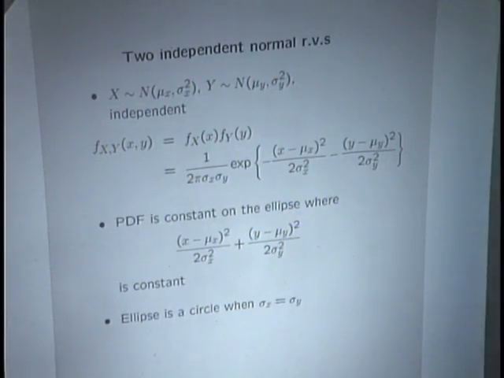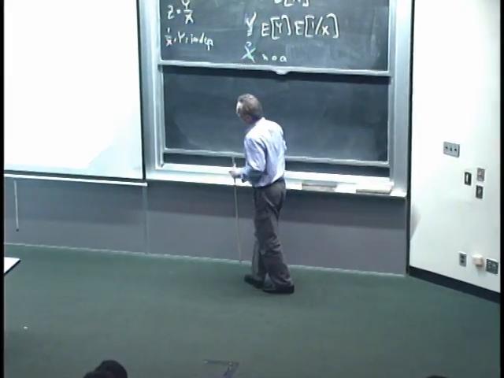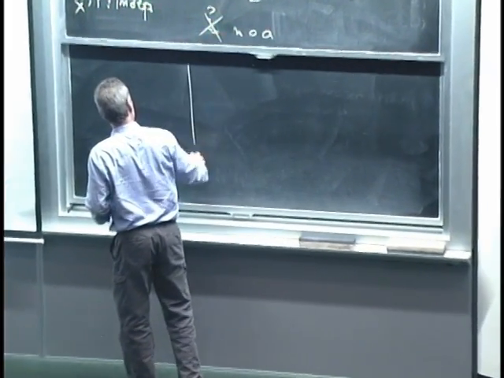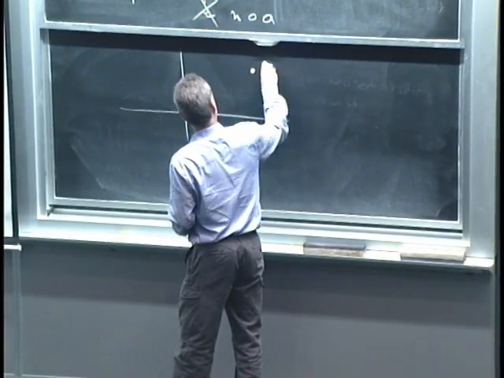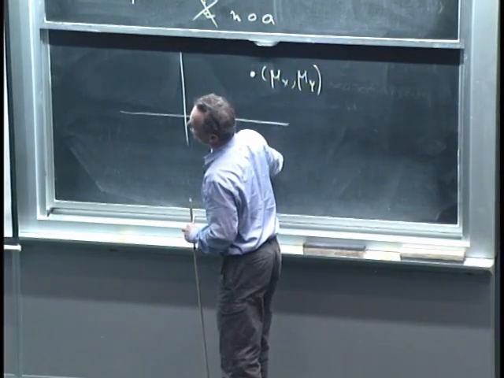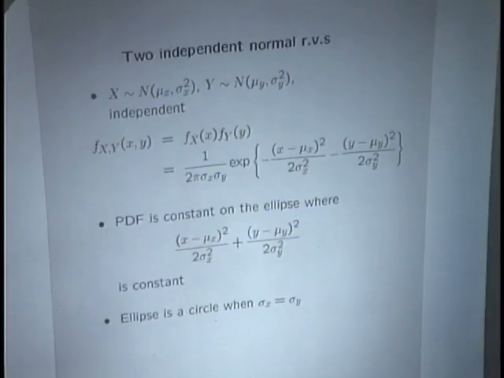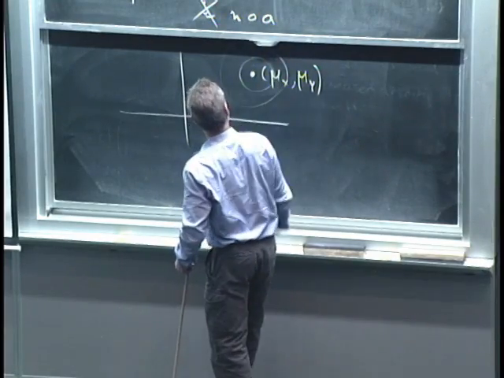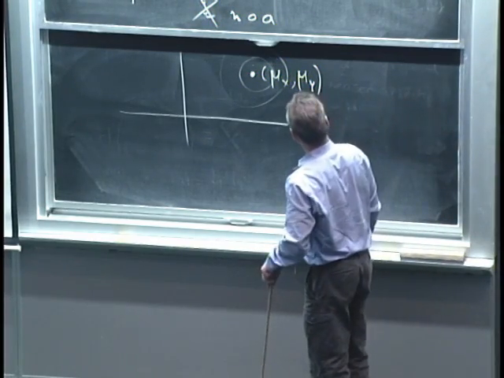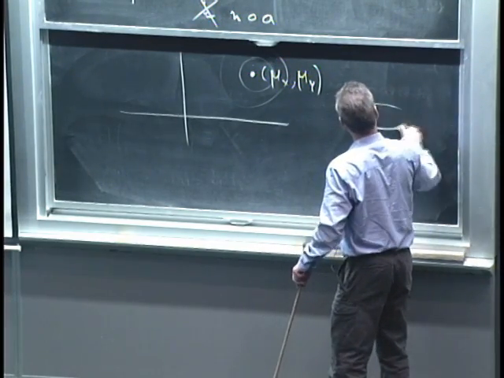This is an ellipse. And it's an ellipse that's centered at mu x, mu y. These are the means of the two random variables. If those sigmas were equal, that ellipse would actually be a circle, and you would get contours of this kind. But if, on the other hand, the sigmas are different, you're going to get an ellipse that has contours of this kind.